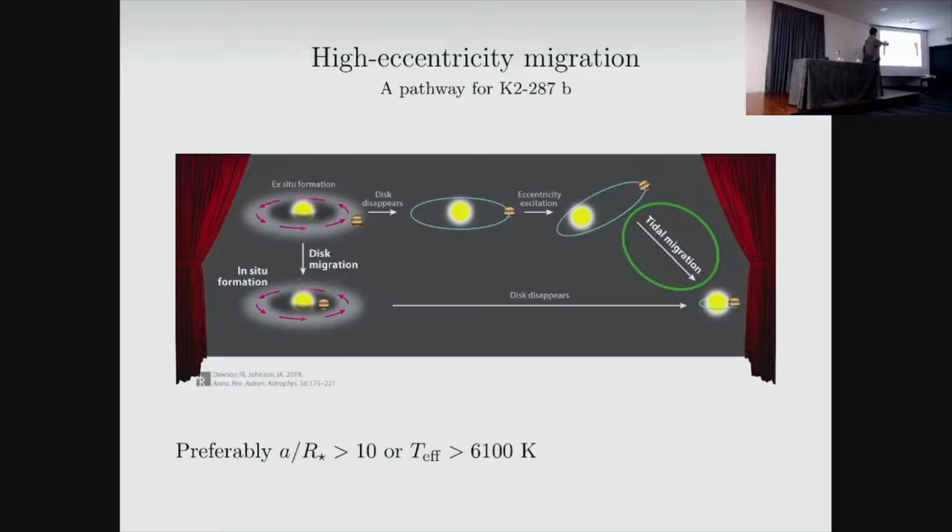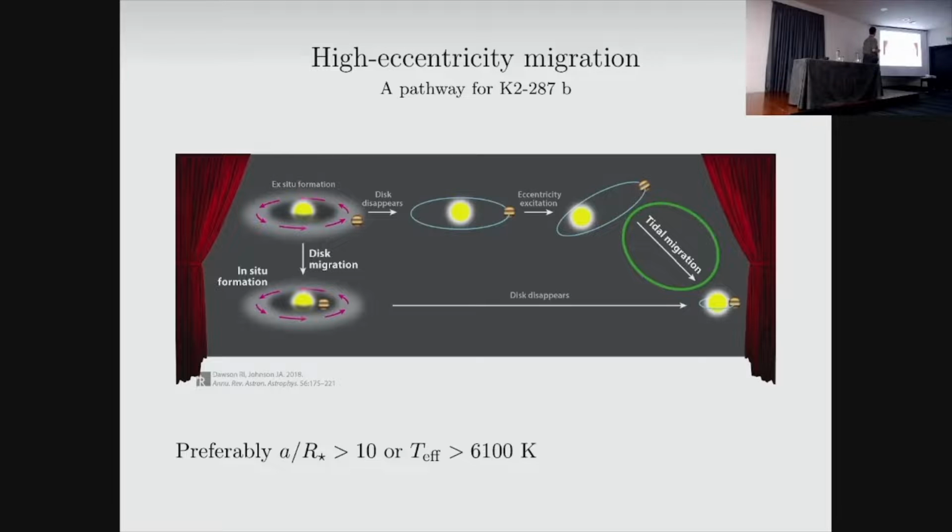So you can see there's a common pathway for these two to lead up into a well-aligned circular orbit, and that is due to tidal interaction between the planet and the star. But we can sort of circumvent this by either going for planets that are far away, where these tidal effects are negligible, or for stars where this is also negligible, which is dependent on the temperature. So that's why we wanted to go for these warmer planets.